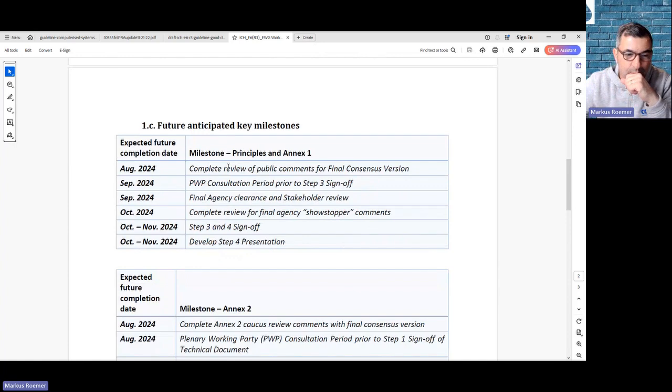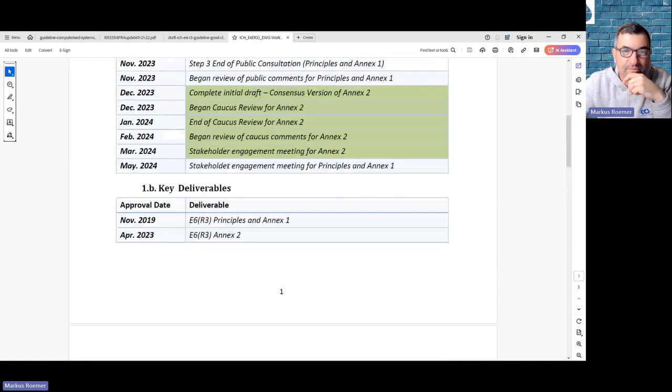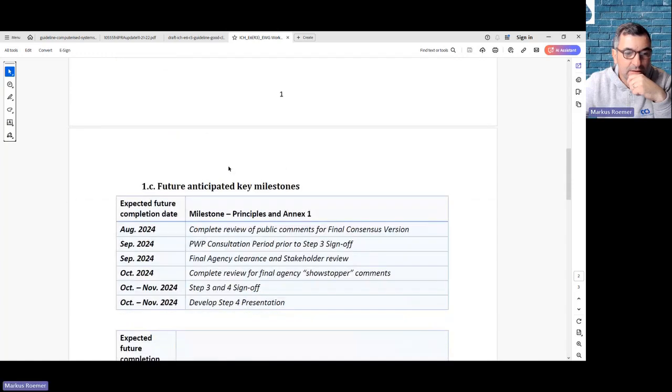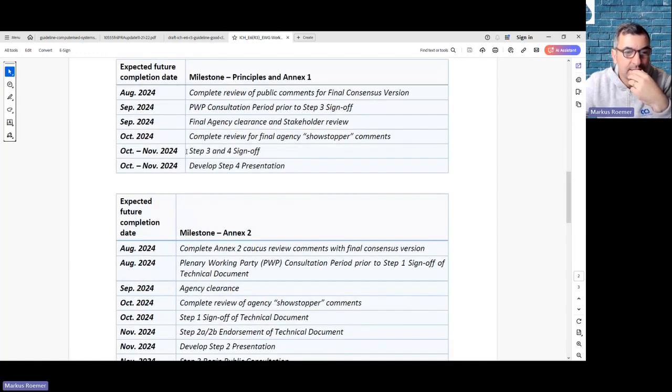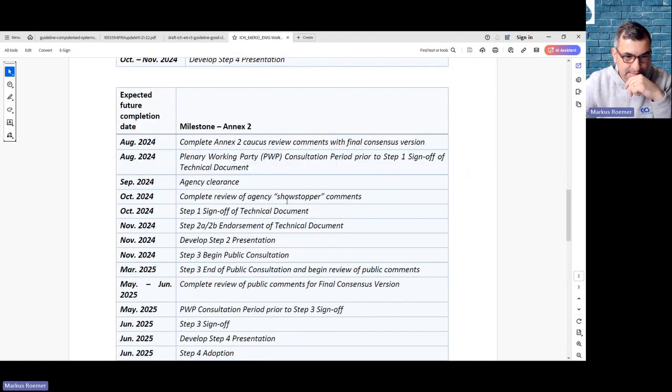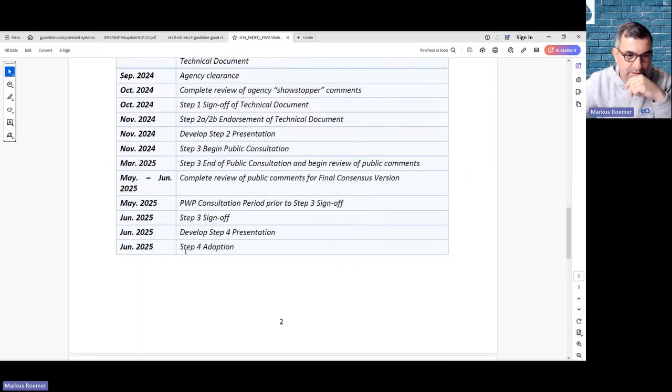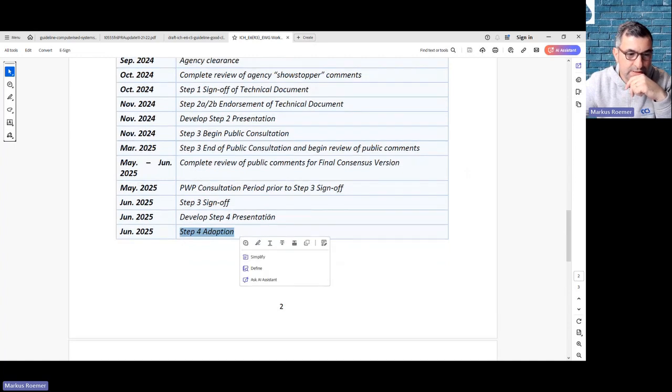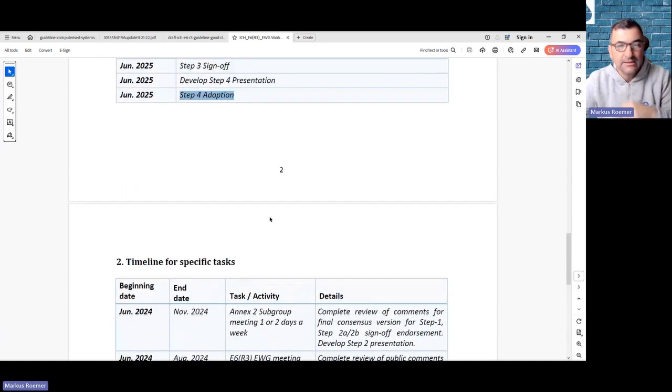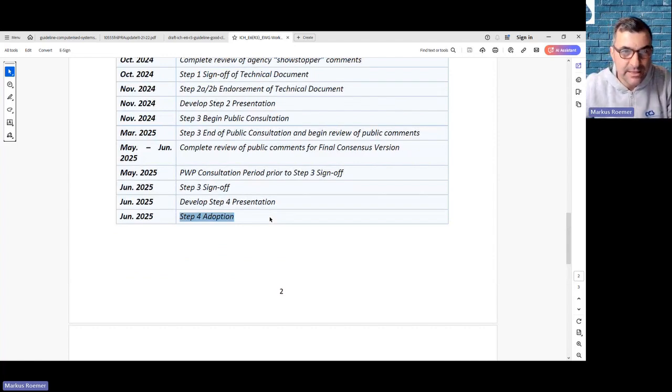So in the moment we are at steps 3 and 4, sign-off in November. So they still have 15 days for that. Okay, we will see. Or sometimes it comes later. I think it will lay under our Christmas tree. And step 4, adoption, June 2025. Okay, so next year will be an interesting year.